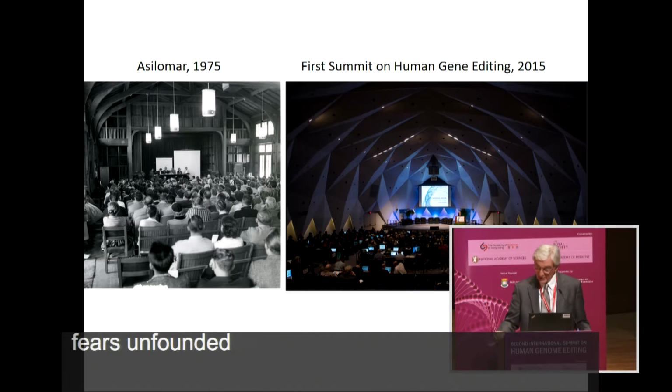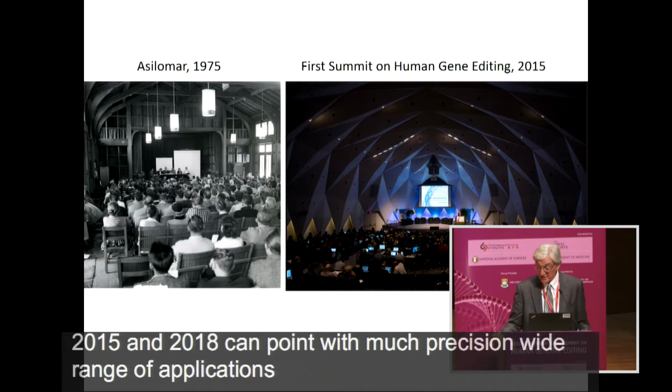In 2015 and certainly in 2018, we could point with much more precision to the promise of genome editing in a wide range of applications. We could describe the routes to fulfilling that promise, and we could enumerate potential adverse consequences. In addition, the discussions of technical and social issues involved a broader range of expertise recently than was true for recombinant DNA, at least in the early stages of the recombinant DNA analysis.